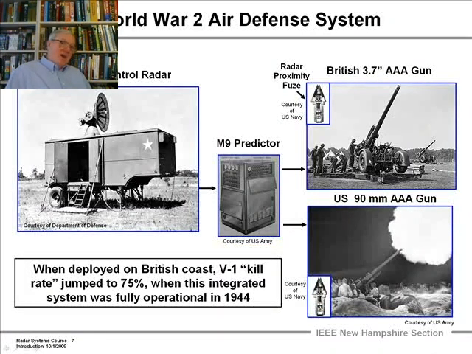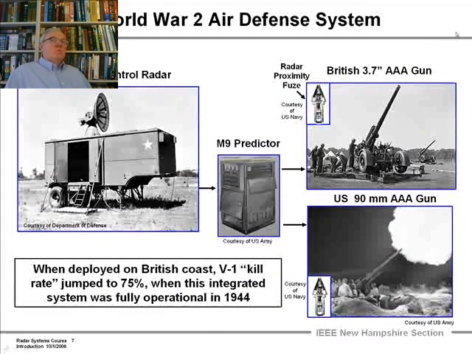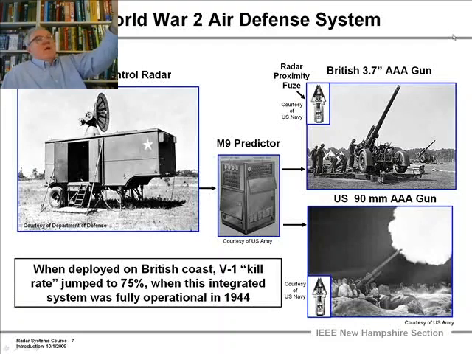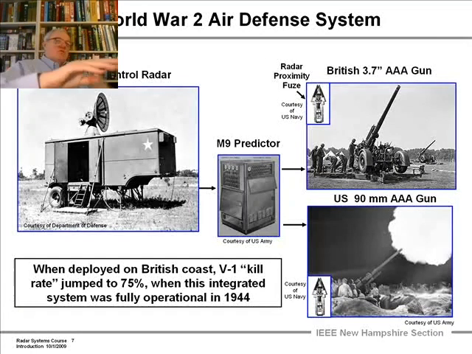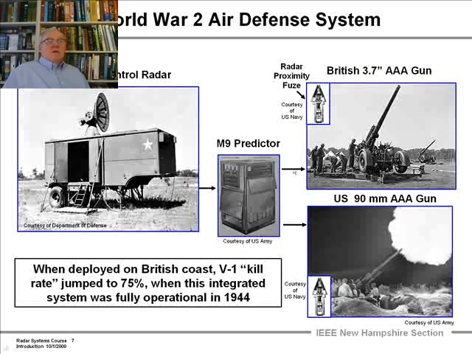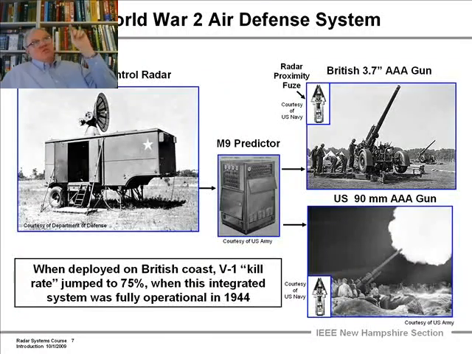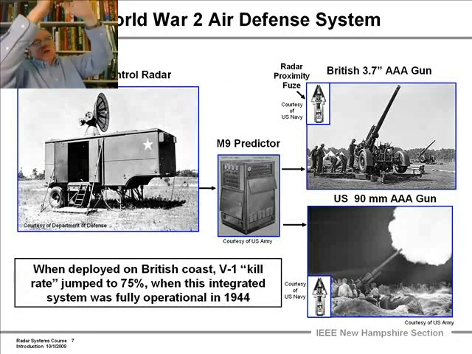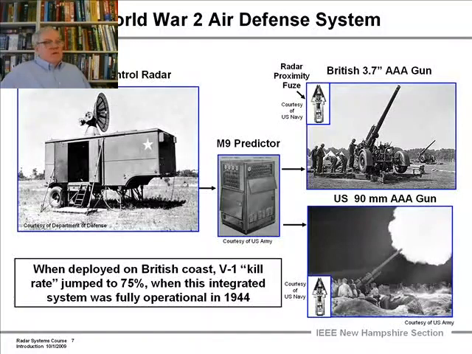It takes time for that shell to reach that predicted point as the aircraft moved, and it would send direction information to the anti-aircraft guns to tell them exactly where to point and fire, so that there'd be an intersection of the shell and the aircraft.